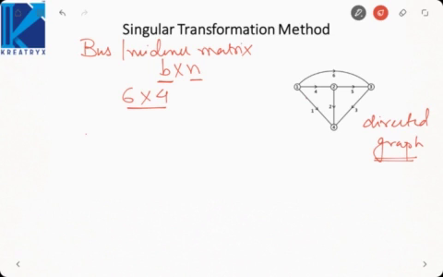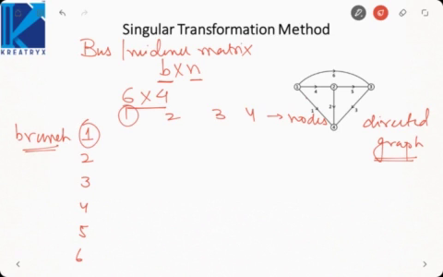So first let me form the matrix. The horizontal row represents the nodes, and this is the branch. Now, the first branch at the first node is outgoing.